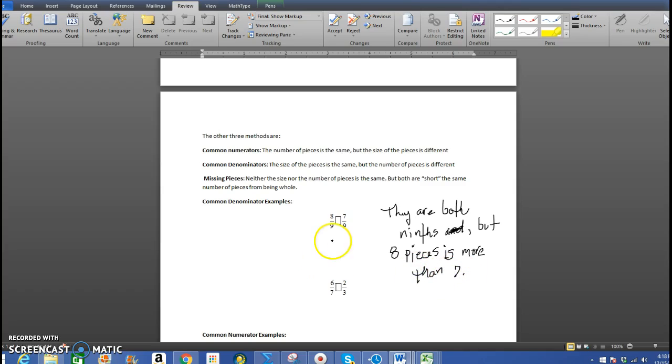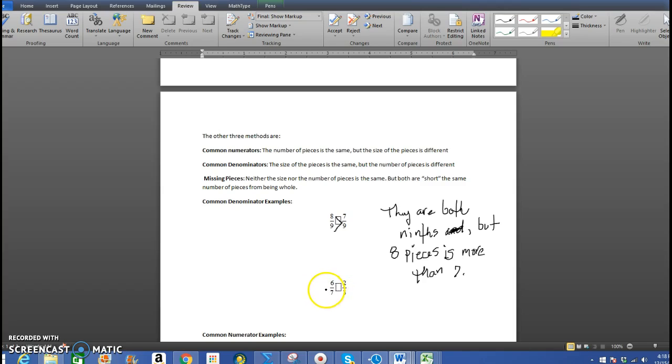Sorry about my terrible handwriting yet again. So in this example, essentially what we're saying is the size of the pieces is the same, but this first fraction has more pieces, right? And that would be the explanation that I'm looking for.